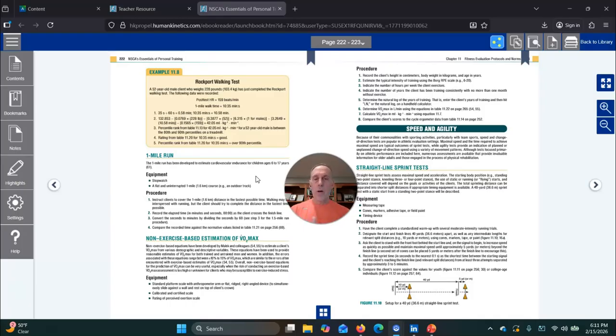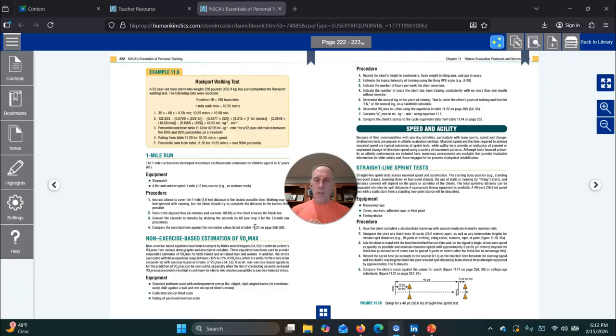The 1 mile run is specific to the youth population in terms of the NSCA guidelines. Very similar: you need a stopwatch and a track, they run, and you see how long it takes them to finish the 1 mile run. Then you can compare against normative values listed on page 1121.